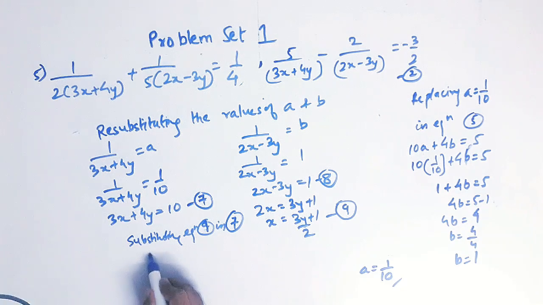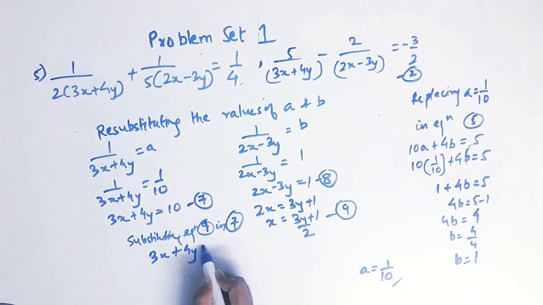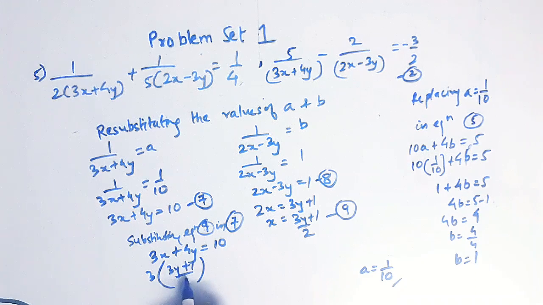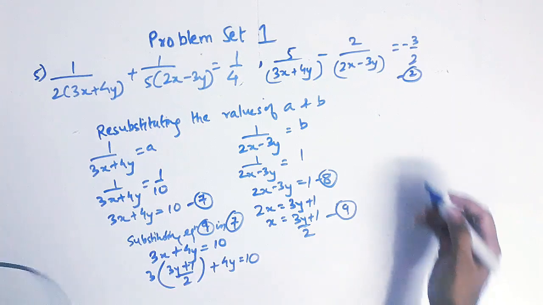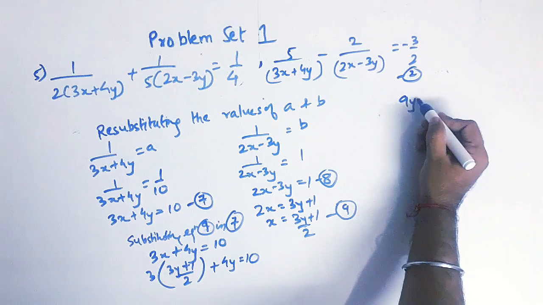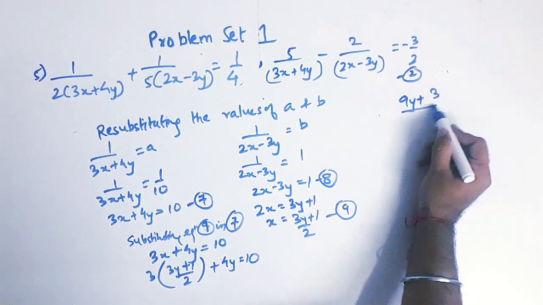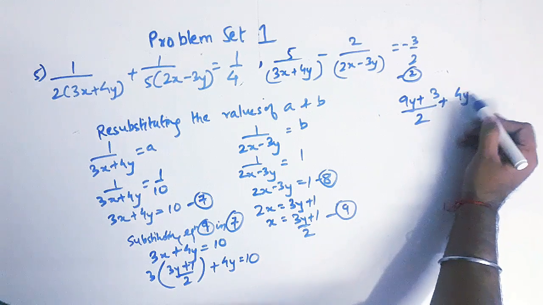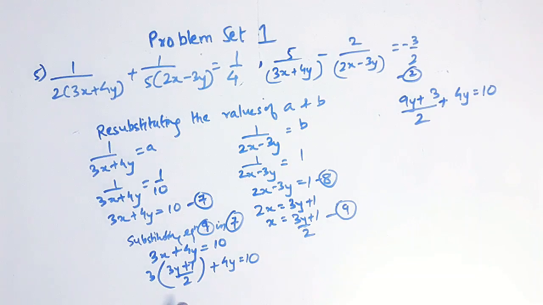So this will be 3x plus 4y equals 10. Instead of x, I'll write 3y plus 1 upon 2, plus 4y equals 10. So this becomes 9y plus 3 upon 2 plus 4y equals 10.